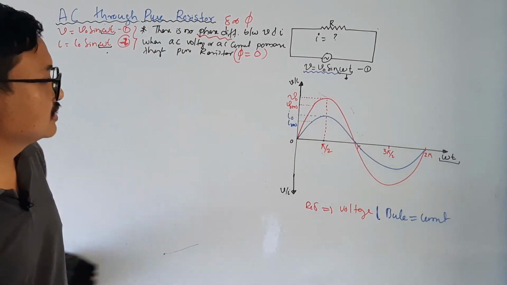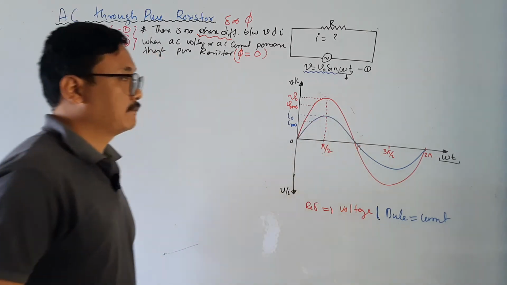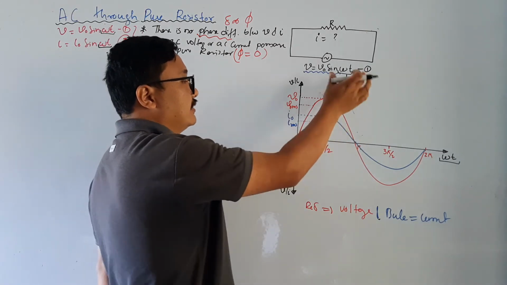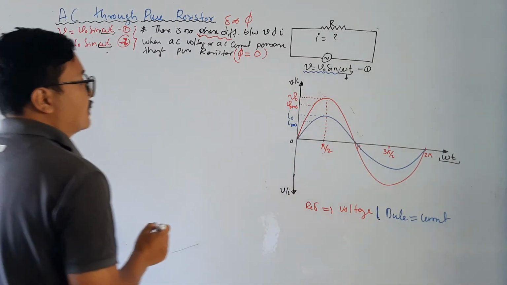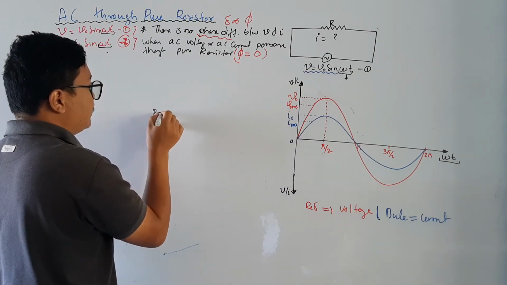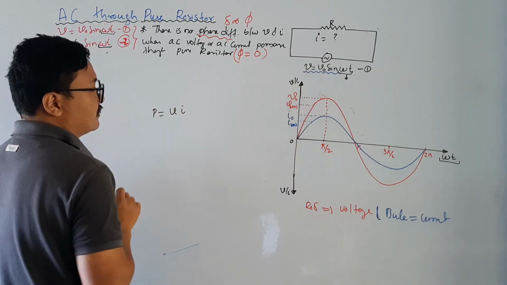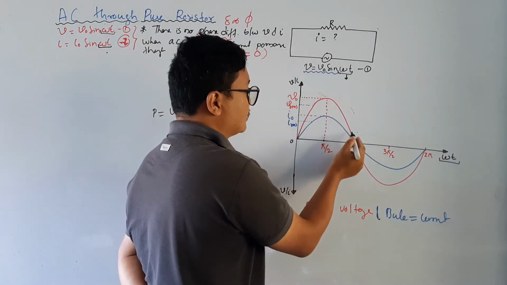Now let us go to power. Let us find the graph of power. How to calculate? The formula of power that we have done is P equal to simply V into I. In this part, what is the value of voltage? It is positive.